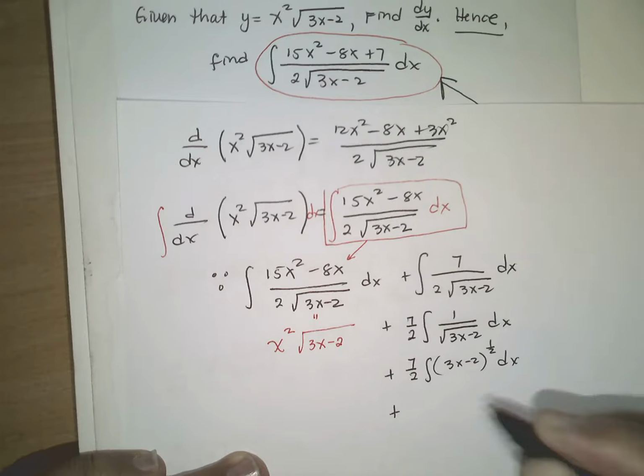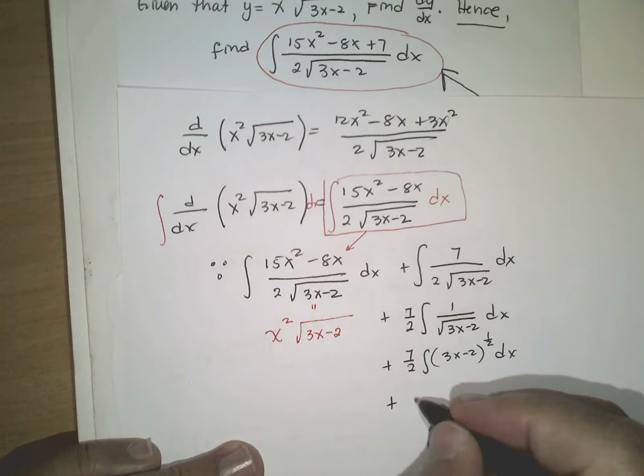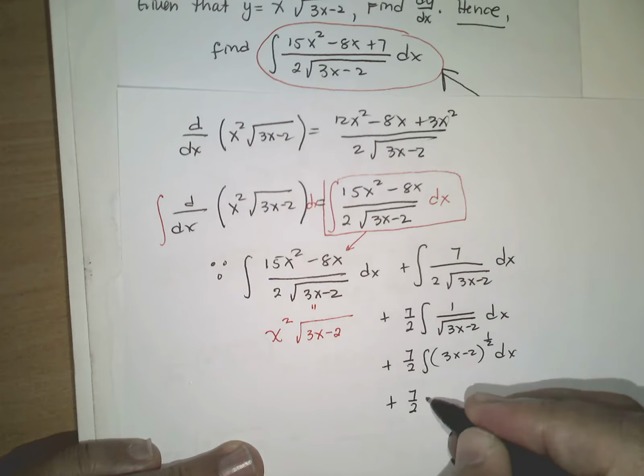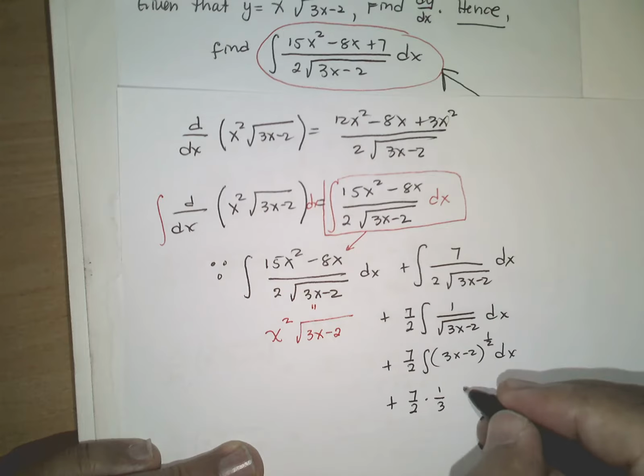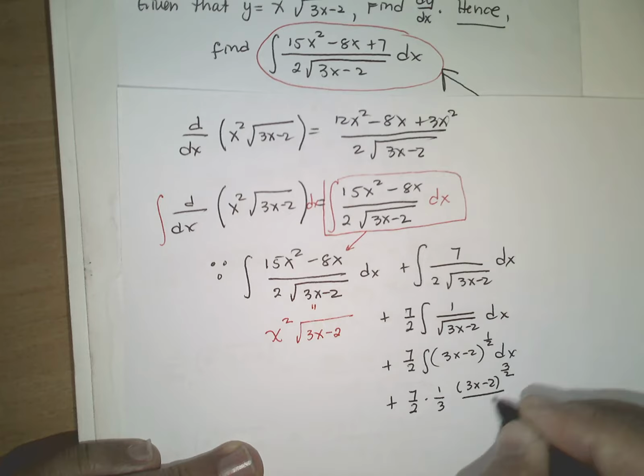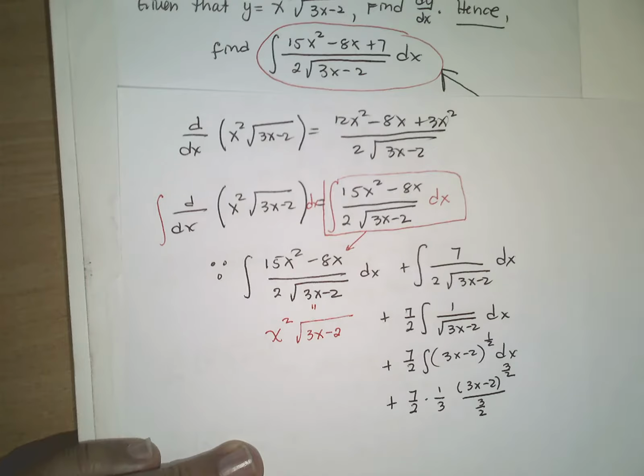So how can we get the integral of that? 7 over 2, our a is 3, so times 1 over 3, times 3x minus 2 to the 3 over 2 divided by 3 over 2.